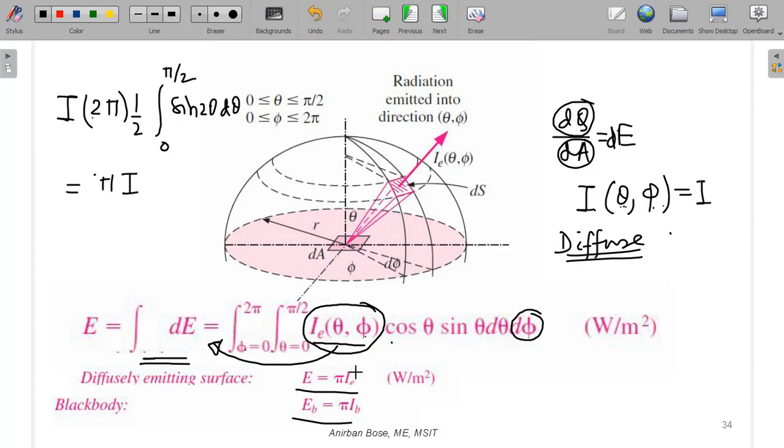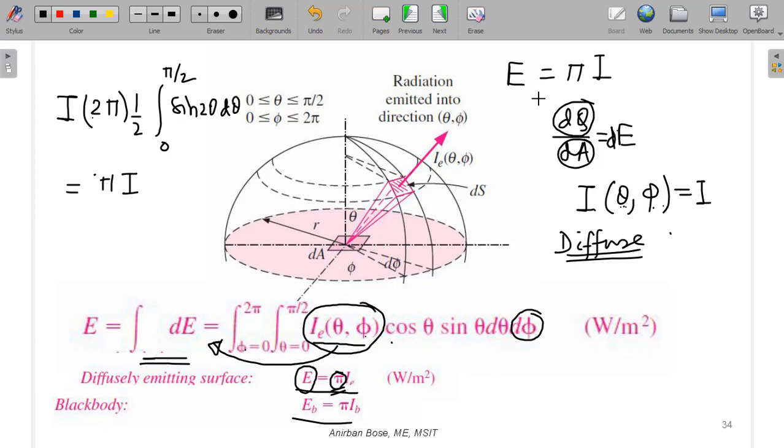That means the intensity is related to the total emissive power, over the whole hemisphere, by the multiplying constant pi, remember this pi having dimension steradian. So the relation is E is equal to pi into I.